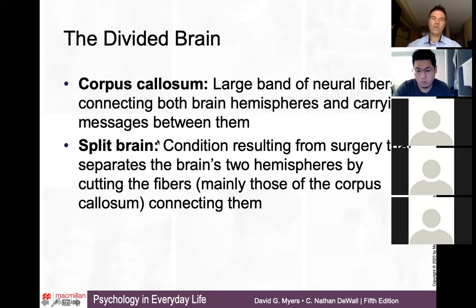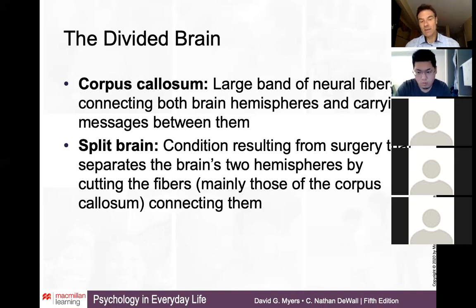So when neurosurgeons have to cut the corpus callosum in order to alleviate seizures or epileptic seizures, they cut and split the two hemispheres. This condition results from surgery that separates the brain's two hemispheres by cutting the fibers. And that creates an interesting phenomenon where you can set up specific experiments where you show some information to the right hemisphere through the visual field, but that information is not communicated to the left hemisphere.